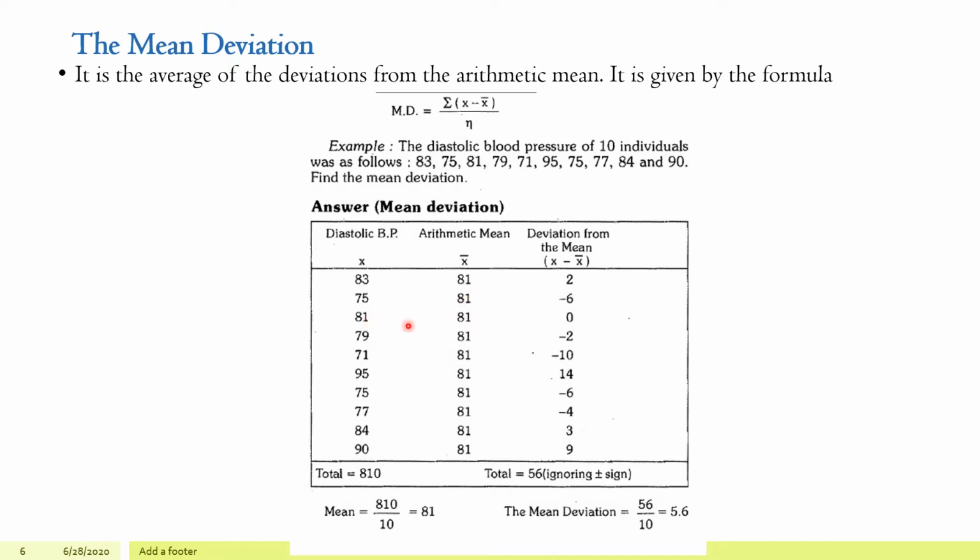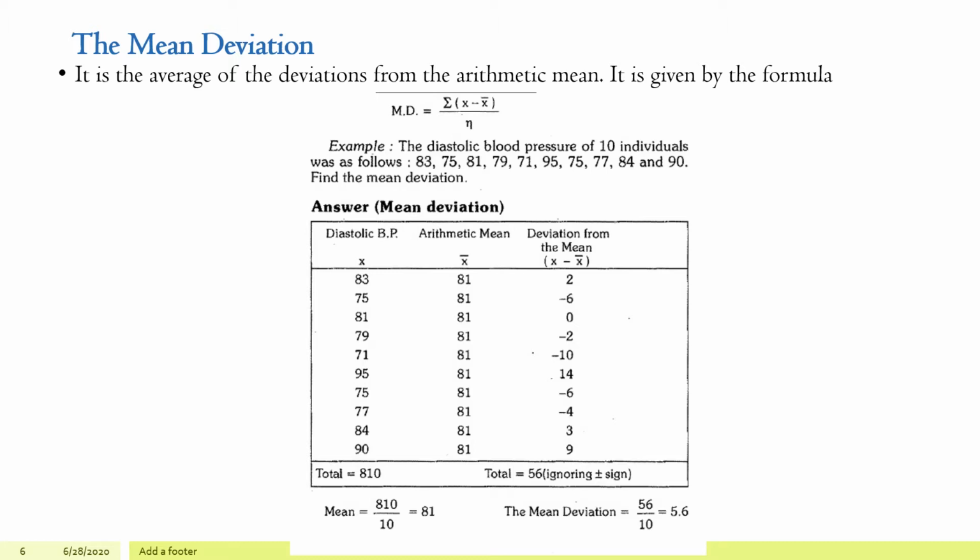Then this is 81, and 81 minus 81 is 0. Like that we have to calculate for all the values by subtracting the mean. After subtracting, you have to neglect the signs, like here minus 6, minus 2, minus 10. Then you sum these up, you will get 56.